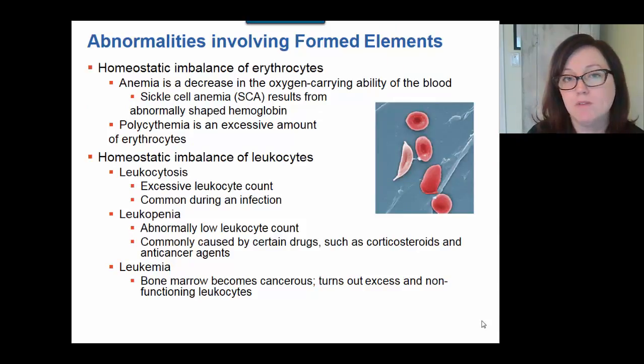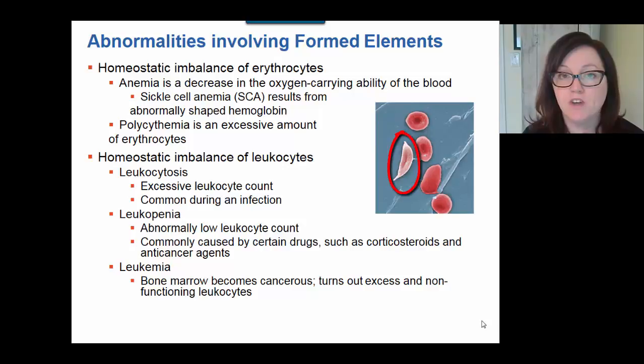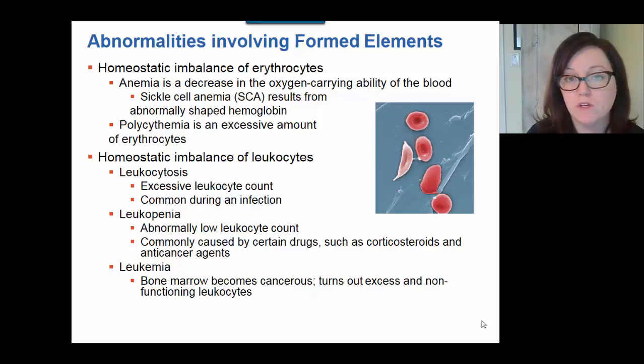Now let's talk about some abnormalities involving the formed elements. Starting with the erythrocytes, there's a condition called anemia, which is a decrease in the oxygen carrying ability of the blood. One common form of anemia is called sickle cell anemia, which is a genetic disorder that results in red blood cells having an abnormal sickle shape.